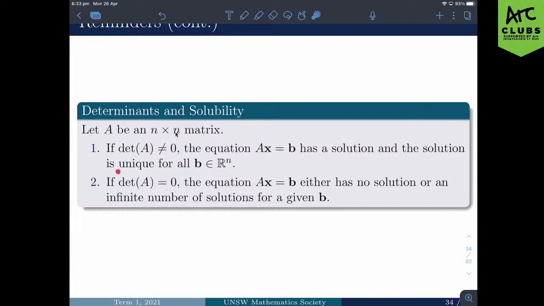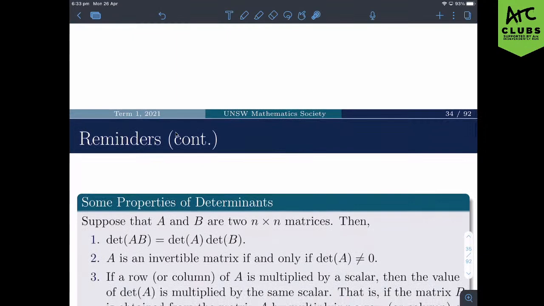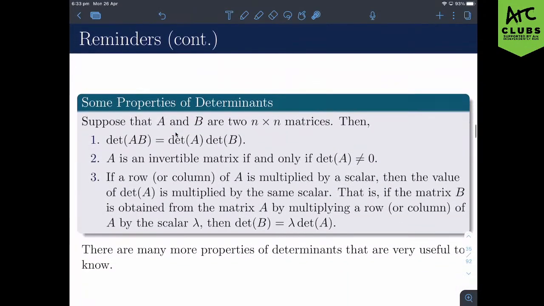And next, if the determinant is 0, then this equation either has no solution or an infinite number of solutions for a given b. So now let's move on to our next set of reminders.